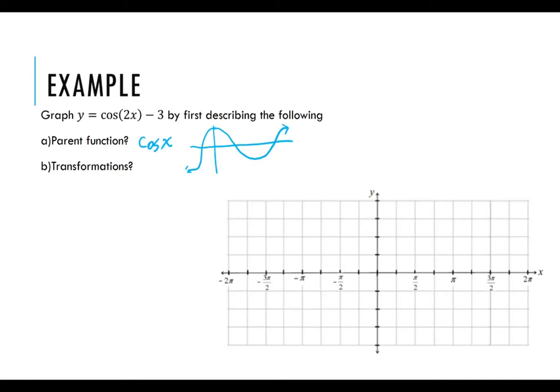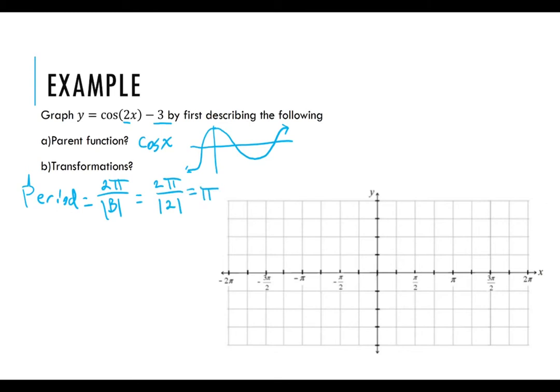Then our transformations occur as twofold. We got 2 transformations here. We have the 2 coefficient, which specifically is a period transformation, right? So remember that our period can be found by taking 2 pi divided by b in absolute value, which means that we have 2 pi divided by 2. That means that our period is actually going to occur in pi.